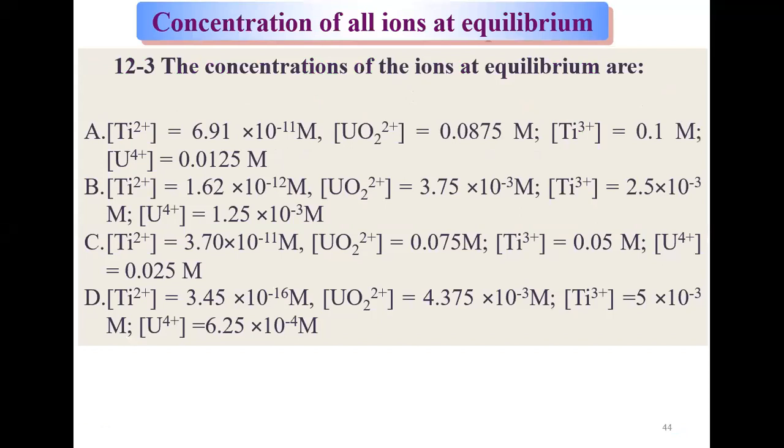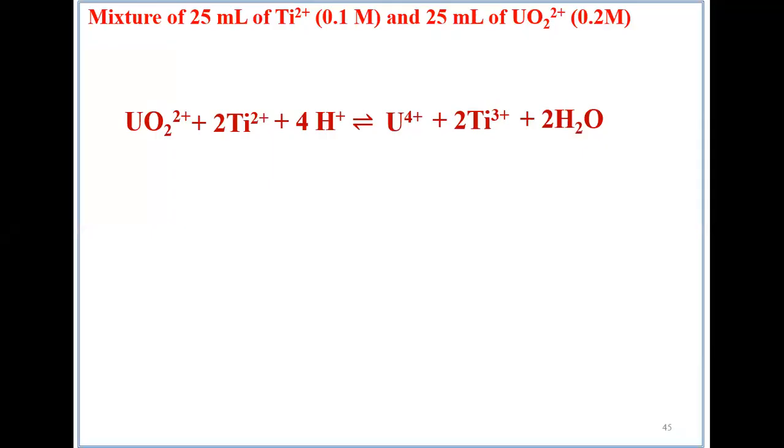The next question is the concentration of the ions at equilibrium. Here they want you to calculate the equilibrium concentration of all the species. You have the initial concentration and you have the overall reaction. So put the overall reaction, get the initial concentrations, now corrected for the dilution factor because they gave you a volume.